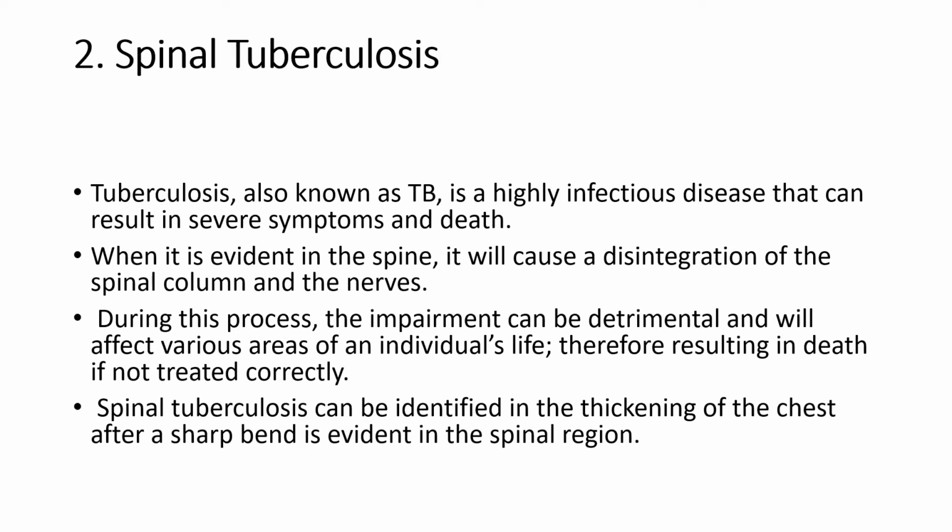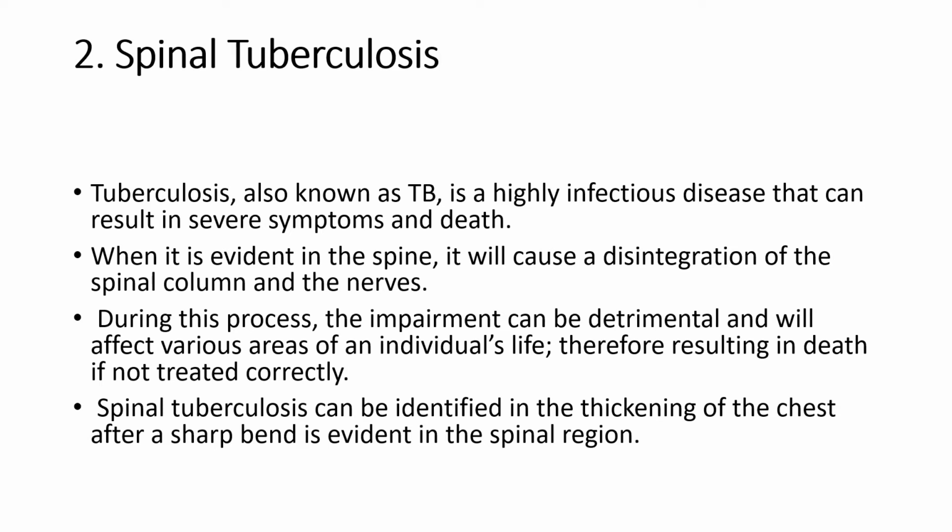Spinal tuberculosis. Tuberculosis, also known as TB, is a highly infectious disease that can result in severe symptoms and death. When it is evident in the spine, it will cause a disintegration of the spinal column and the nerves.